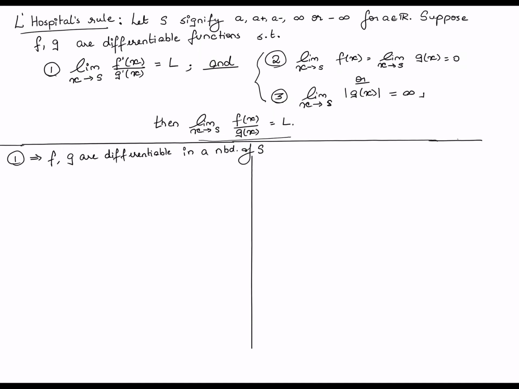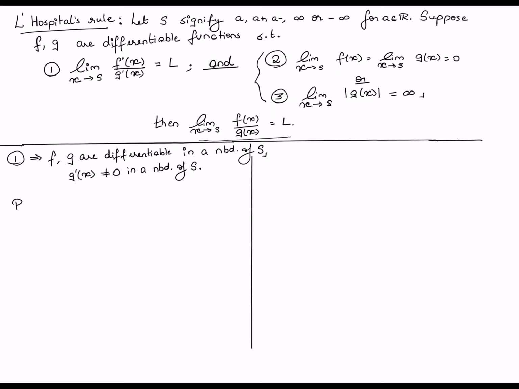So f and g have to be differentiable, and moreover, for the ratio of the derivatives to be well defined, I need g prime of x not to be 0, again in a neighborhood of S. Because for the limit claimed in 1 to hold, you need f prime by g prime to be well defined, which means that both f prime and g prime are well defined and g prime is not equal to 0. So that's implicit in the statement, and I'm just highlighting that before we get into the proof.